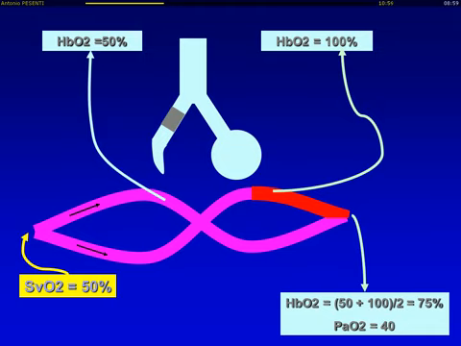So this is a simple message. The sicker the lung, the more important is mixed venous saturation in determining the arterial saturation. If the lung is normal, who cares? Mixed venous is not important for arterial saturation.